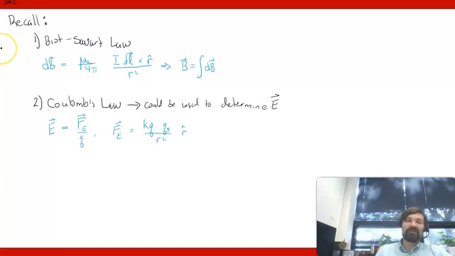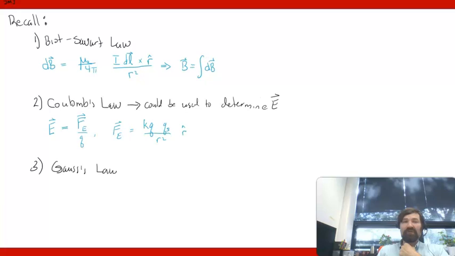This is basically the equivalent for E fields of what the Biot-Savart law is for B fields. Third, we had Gauss's law. There's an E field version and a B field version.